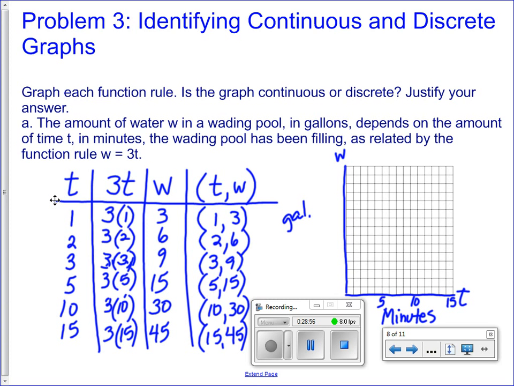All right. And of course, 0 is right here. On our amount of water axis, I need to go up to 45. Let's make each of these squares equal to, how about going by 3s? So 3, 6, 9, 12, 15.